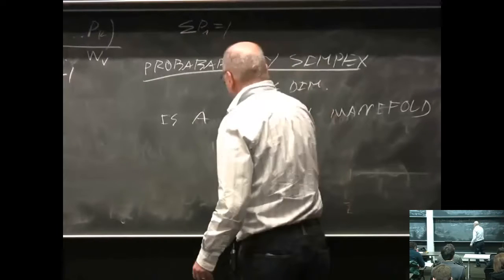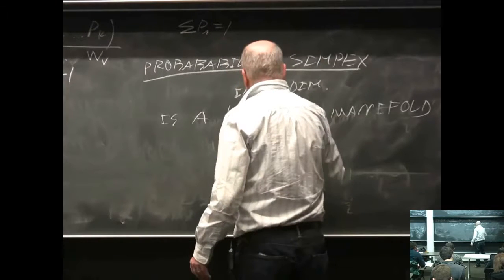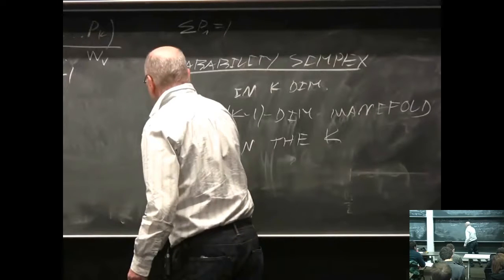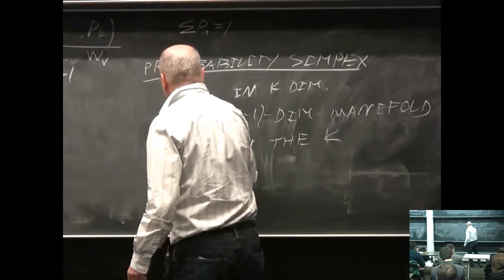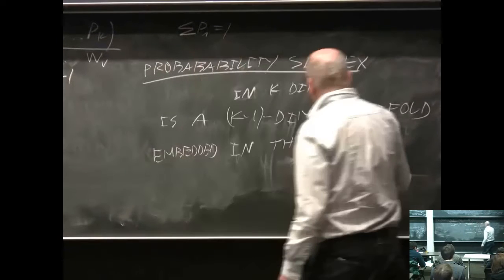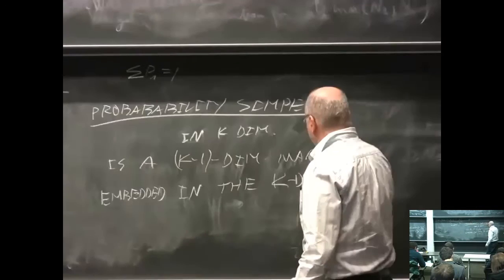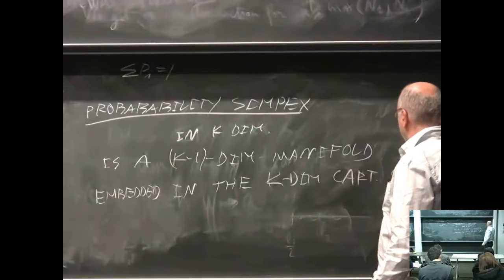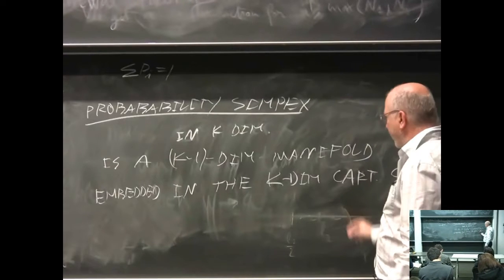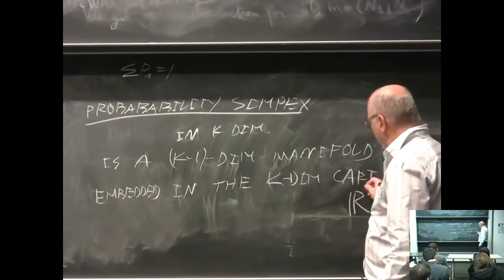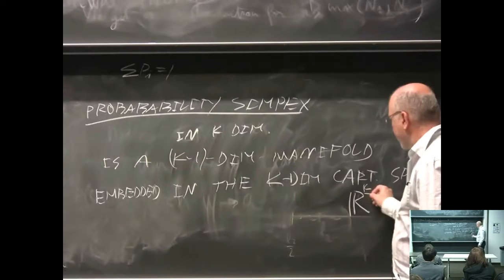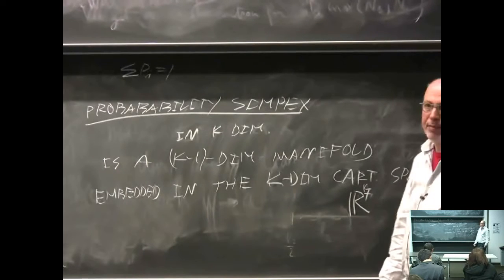embedded in the k-dimensional Cartesian space, which can be written as R to the power of k. And it's actually only the positive quadrant of it, so it's R plus to the power of k.